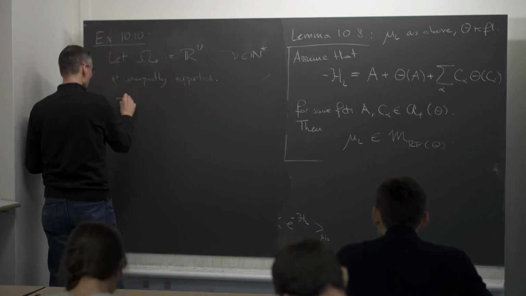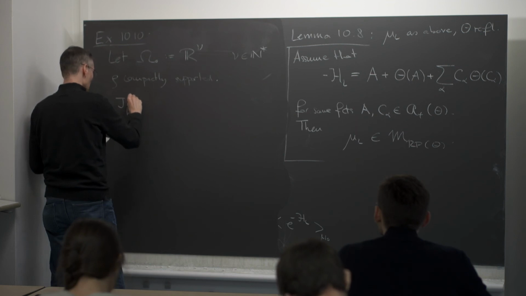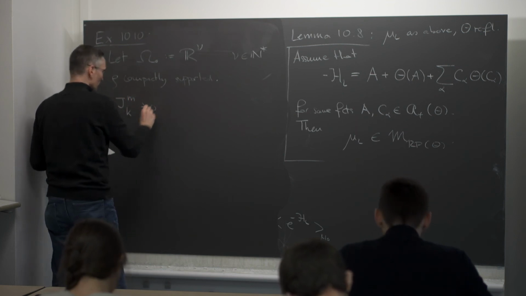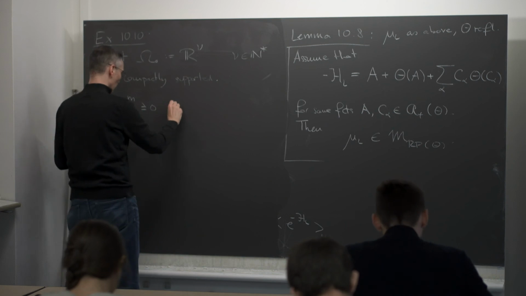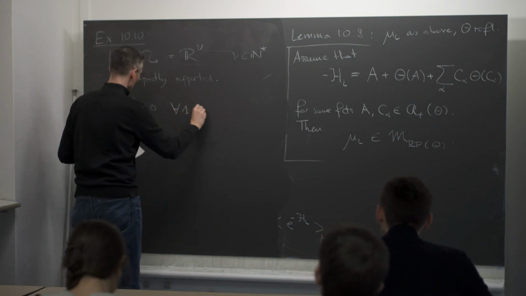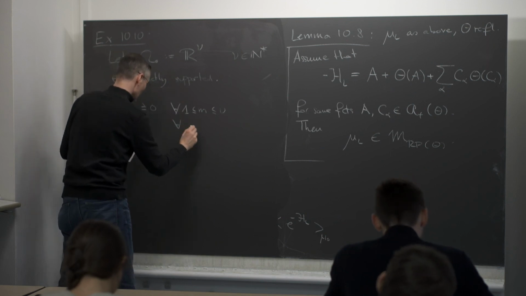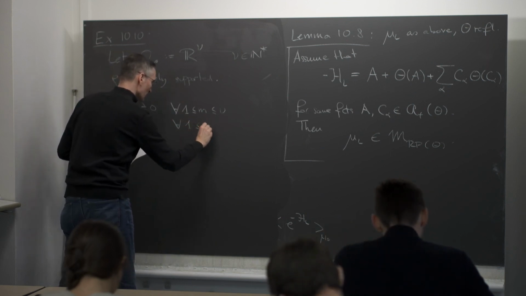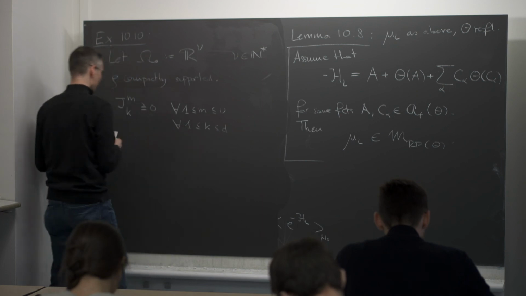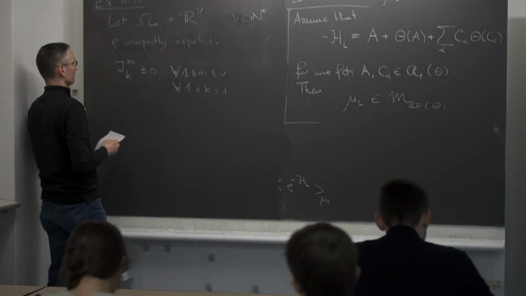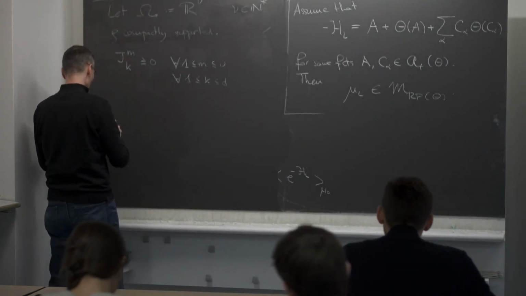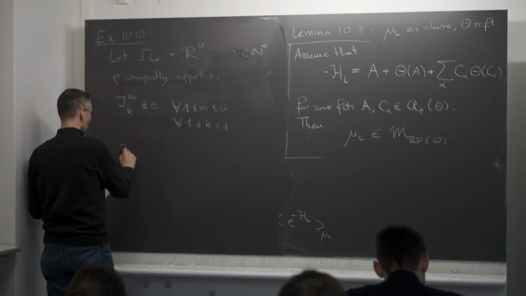Then I want to introduce a coupling constant that I will denote g_{k,m}. These will be non-negative numbers for any m which is between 1 and ν, and for any k which is between 1 and the dimension of the lattice. And then I can define the Hamiltonian. So the Hamiltonian that we are going to consider is the following.